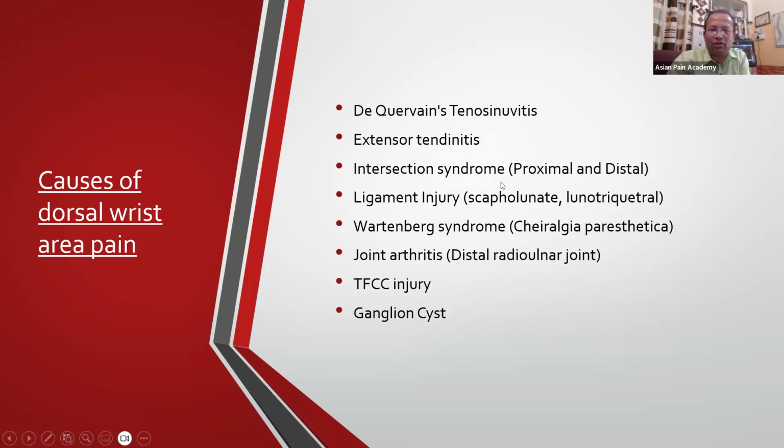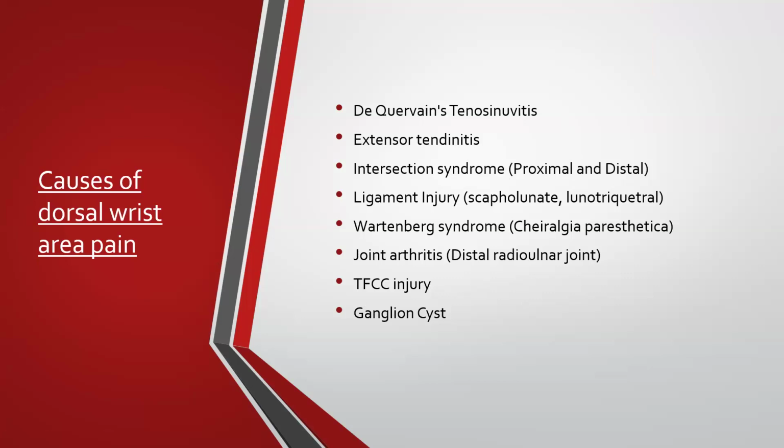Intersection syndrome, proximal intersection means rubbing between which tendons? 1 and 2. Yes. So what are the tendon names? One is the abductor pollicis longus and the extensor pollicis brevis, and 2 is the extensor carpi radialis brevis and longus. Longus and brevis, if you come from the scaphoid side, then it will be like that, ECRL, ECRB.